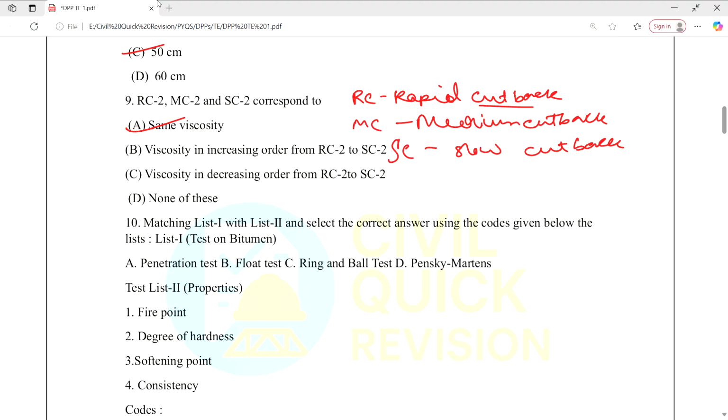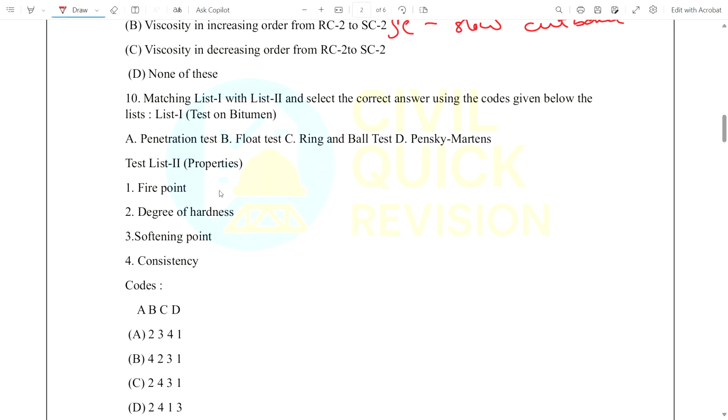Now question number 10. Match list 1 and list 2. Penetration test is a test of bitumen. Penetration test is the property of which one: fire point, degree of hardness, softening, or consistency? The penetration test mainly checks the consistency of the bitumen.